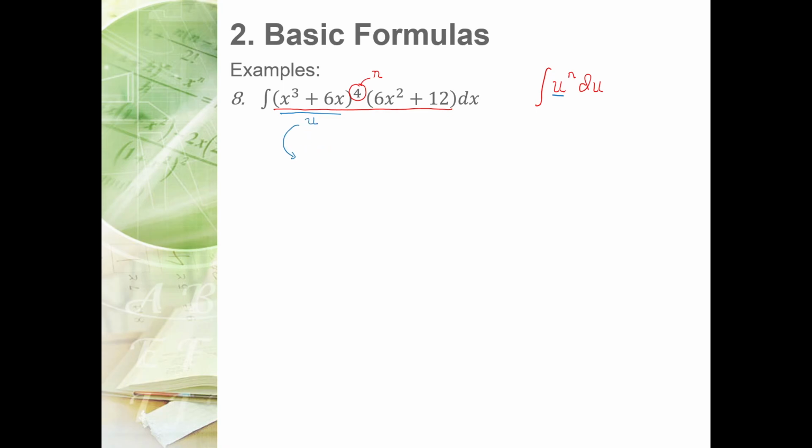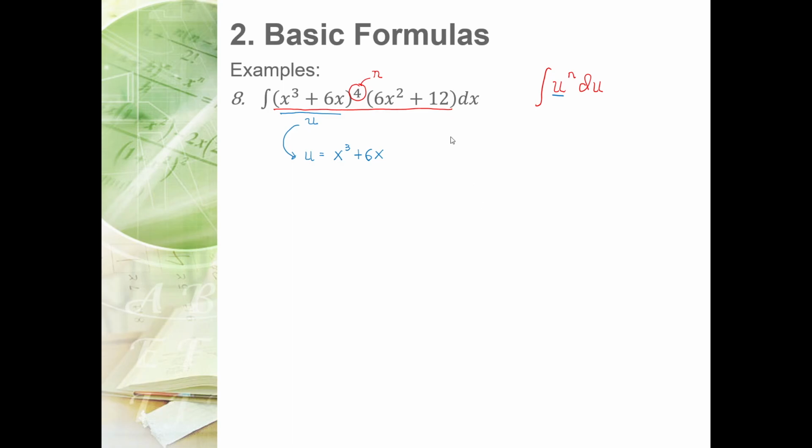Writing u, we have x cubed plus 6x. What is left for us to replace is 6x squared plus 12 with respect to x, or dx.